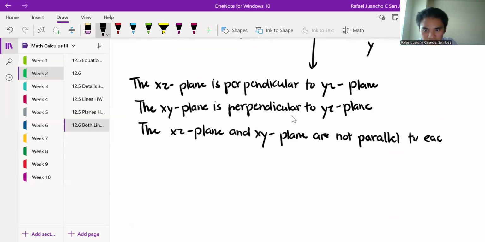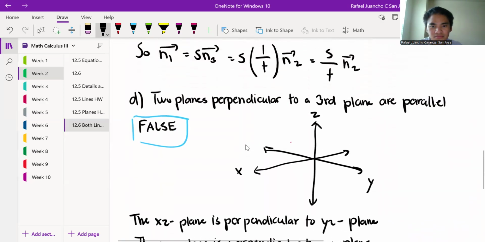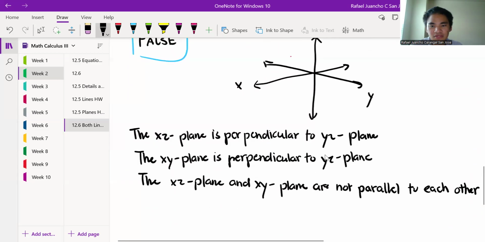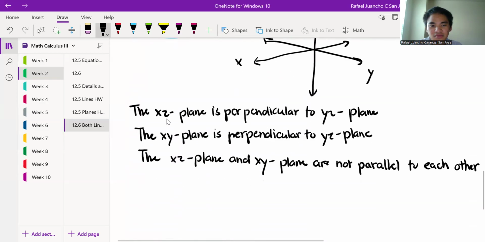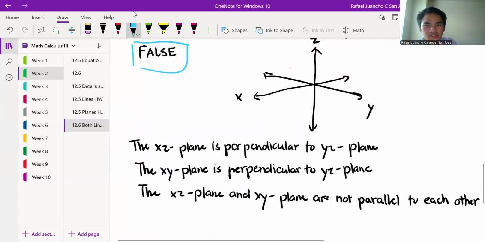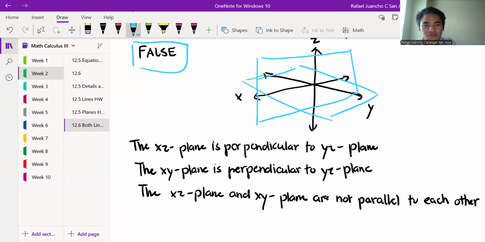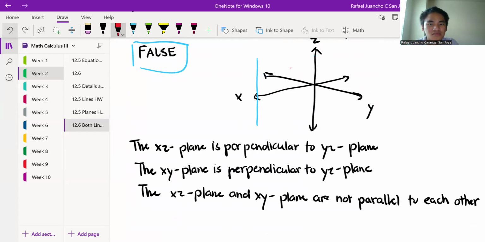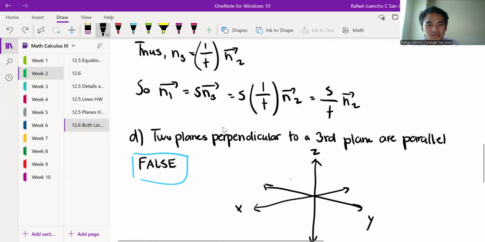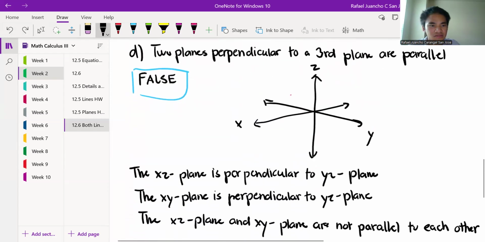So again, it's just about thinking in 3D, right? Two planes perpendicular to this third plane, which is yz plane. And are these parallel? Well, no, because xz plane is this one, xy is this one. So they're gonna intersect somewhere in this line, maybe. But yeah, this is false for letter D.